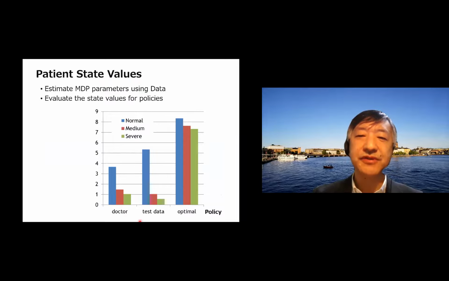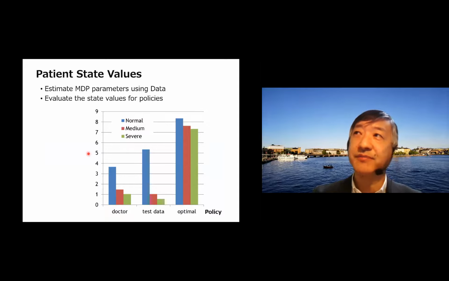This graph shows the state value for patients. The blue bar shows the normal state, the red bar shows the medium state, and the green bar shows the severe state. The normal state gets a higher state value, which is very natural, very intuitive, and this is based on the doctor's policy.